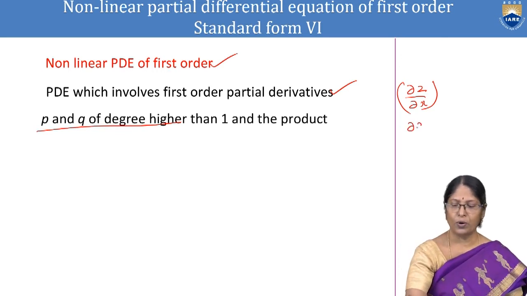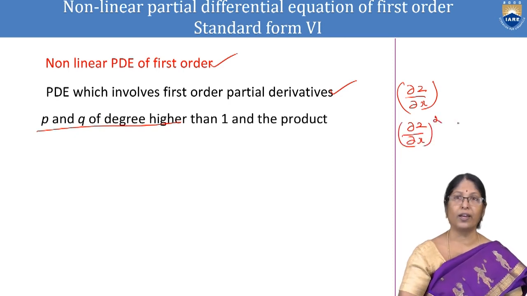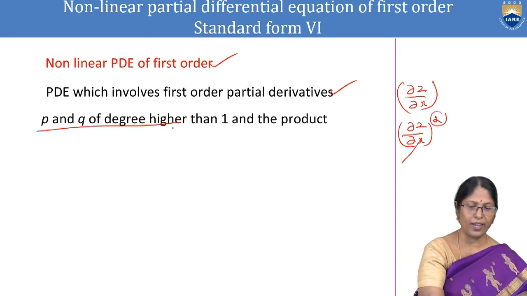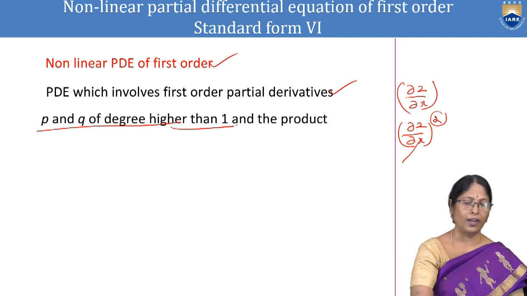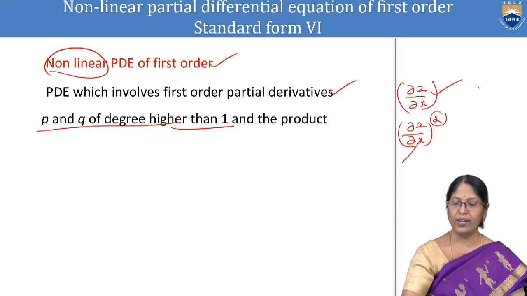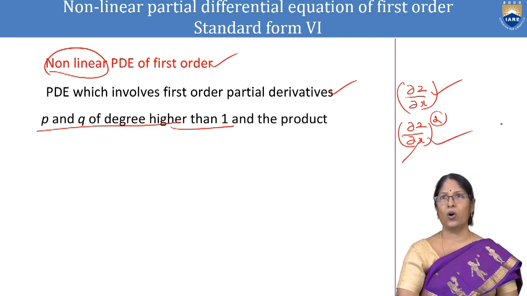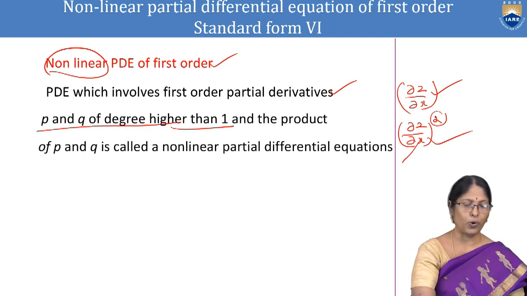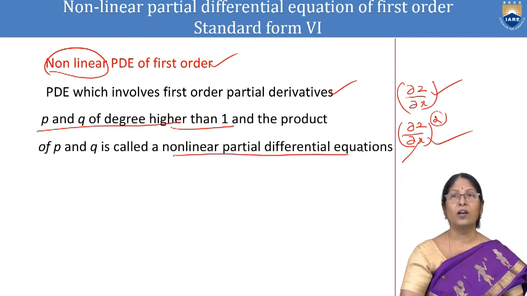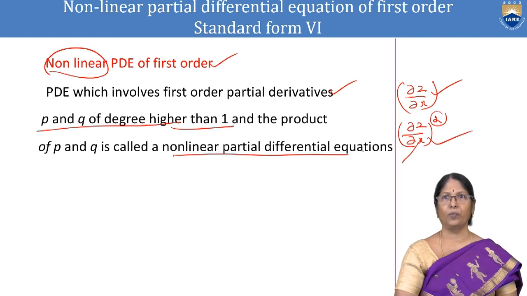But if dou z by dou x the whole square is there, then it is first order, but the degree is 2, that means higher than 1, so it comes under non-linear. The first one is linear, the second one is non-linear. So the product of p and q makes it a non-linear partial differential equation.